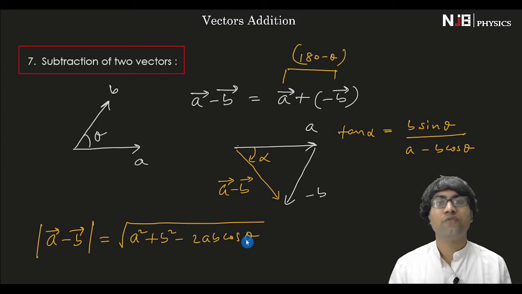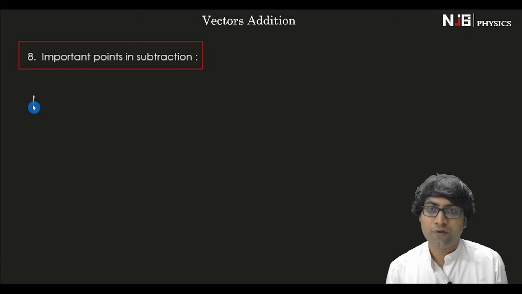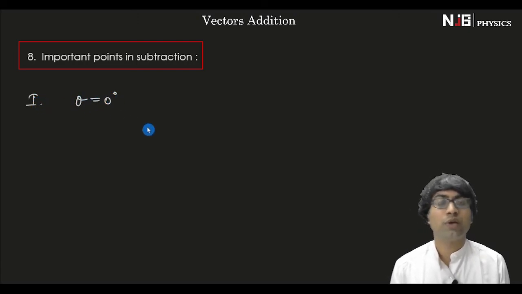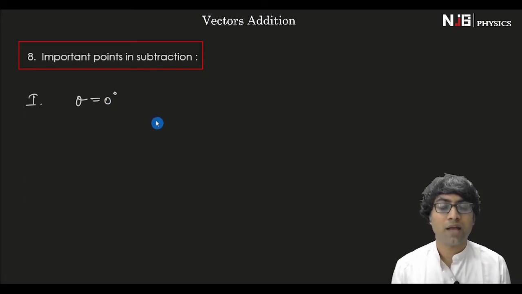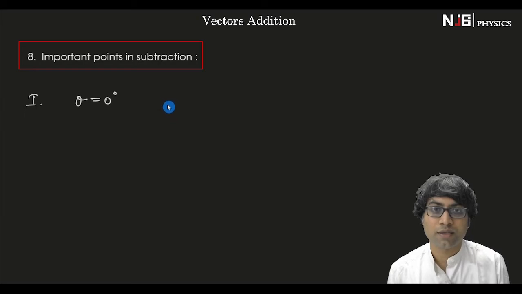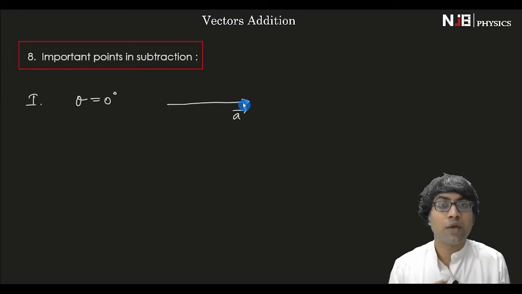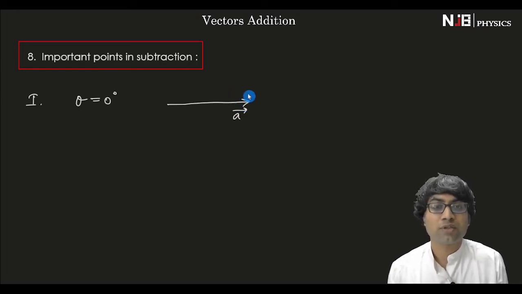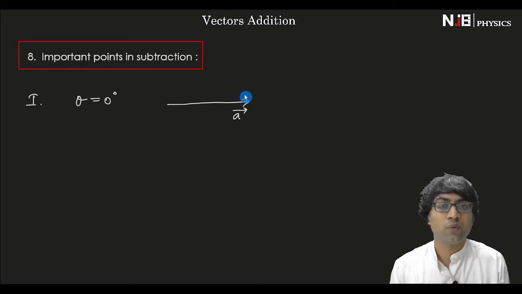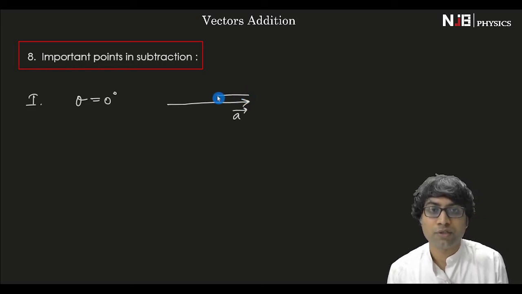Let's now talk about a few important points in the case of subtraction of two vectors. The first point: if we have a situation where theta is equal to 0 degrees, that means the two vectors are parallel, and we want to write the difference of the two vectors. Let's say this is your a vector and the b vector is parallel to a vector. If we want to do a vector minus b vector, we have to start minus b vector from the point where a vector has ended, and therefore this is going to be minus of b vector.